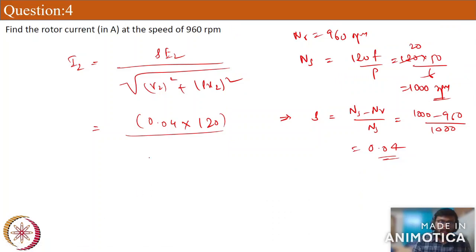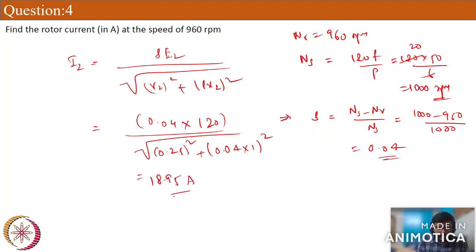R2 is our resistance, 0.25 square plus S into X2, 4% slip multiplied by 1 square. Now please calculate this: 0.04 multiplied by 120 divided by the square root of 0.25 square plus 0.04 square. It is 18.95 amperes. It's the rotor current at a speed of 960.